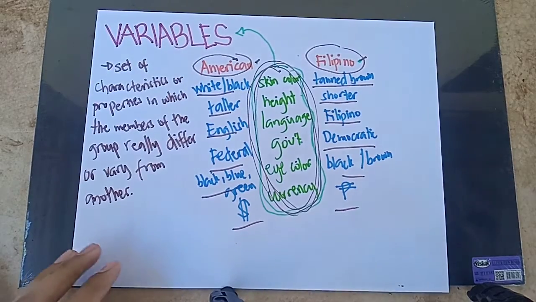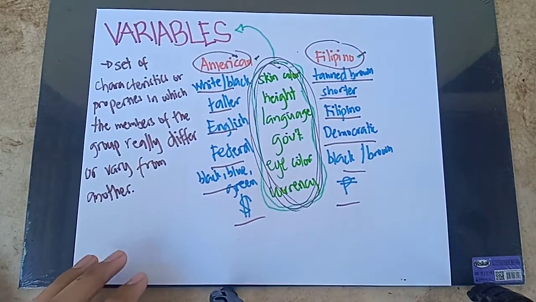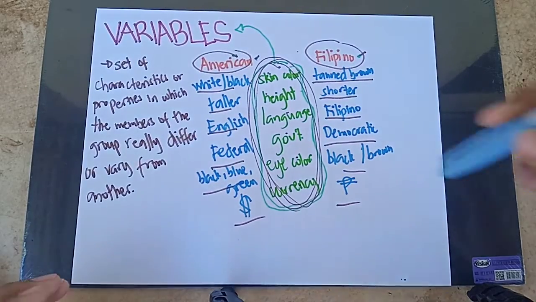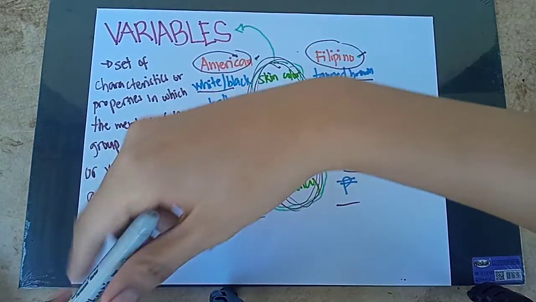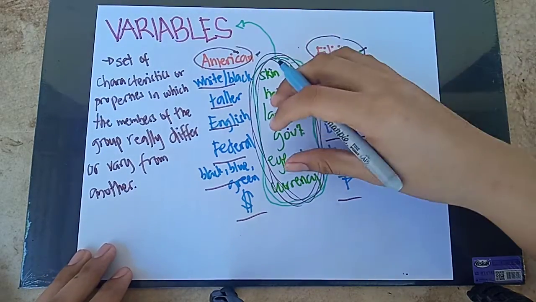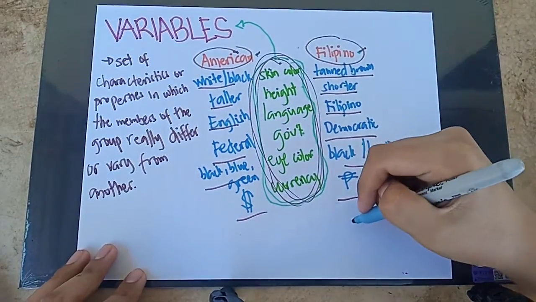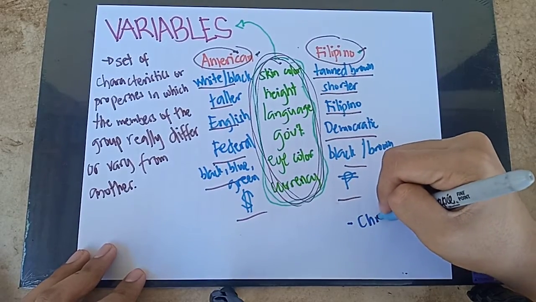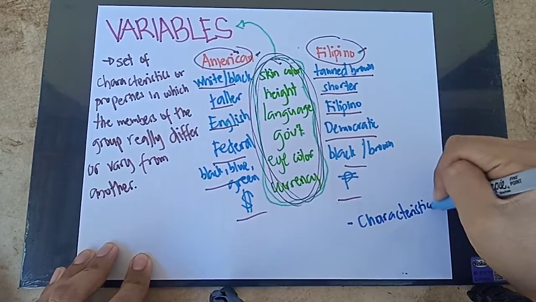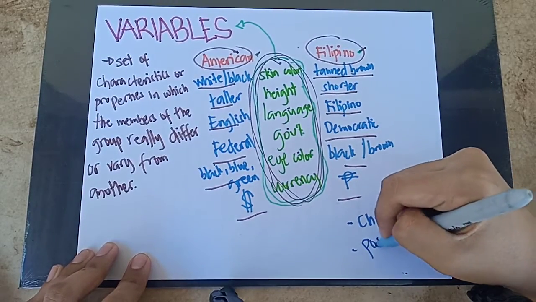Now, variables actually consist of two components. And these two components are characteristics and possible values.